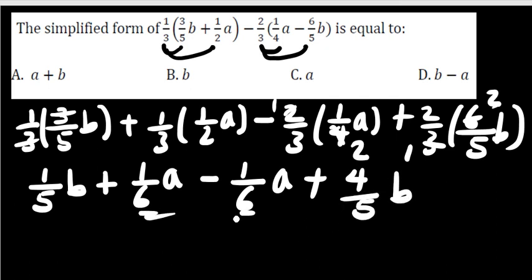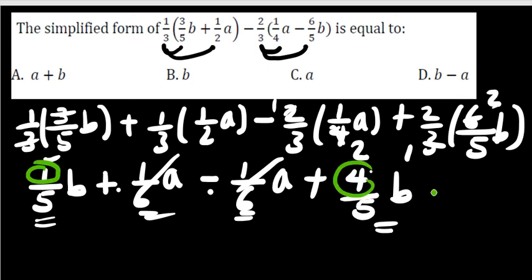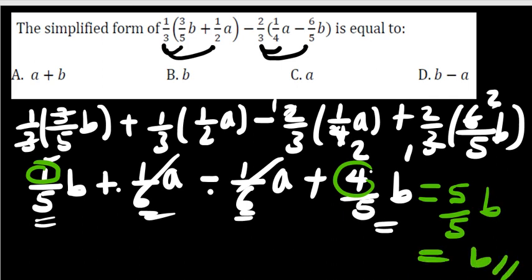These two are the same, 1 over 6a, 1 over 6a, one positive, the other negative, so they will eliminate each other. And these two are like terms, they contain b, and the coefficients are fractions having the same denominator, 5 5, so we can add the numerators, 1 plus 4, it will be 5, so we have 5 over 5b. 5 over 5b means it's just b, because 5 over 5 means 1, so 1b means the answer is just b.